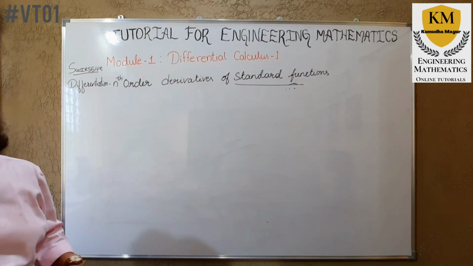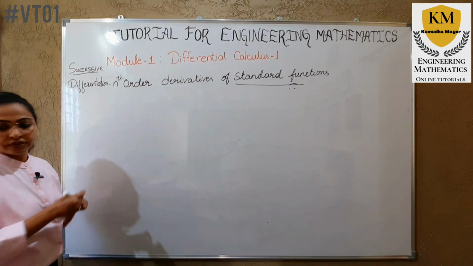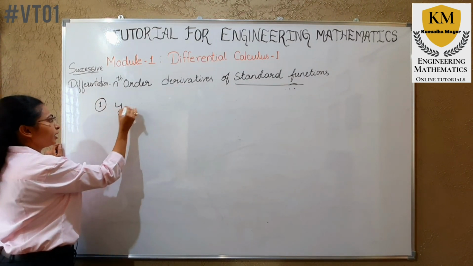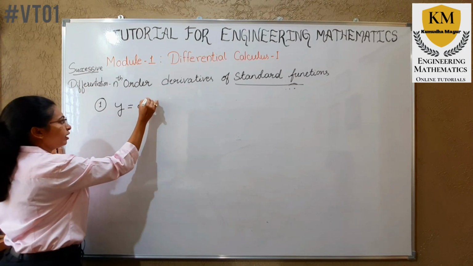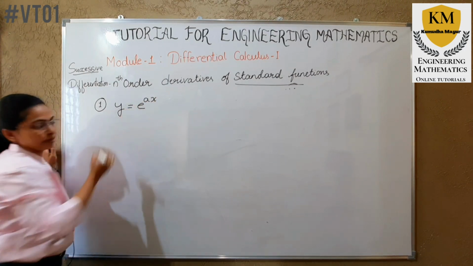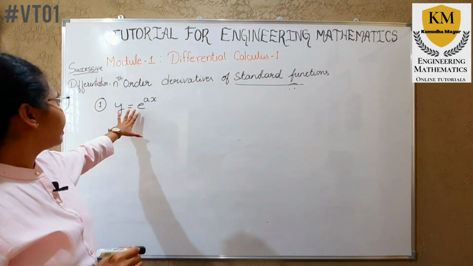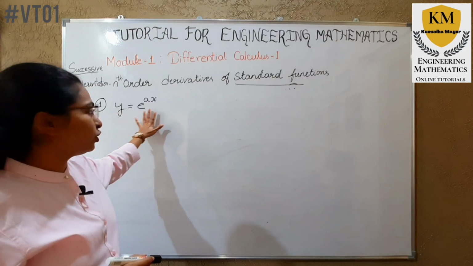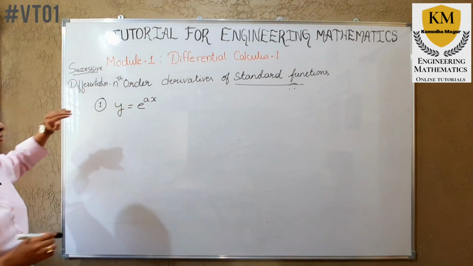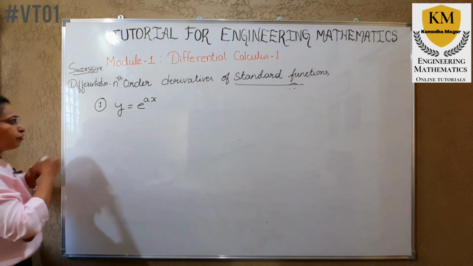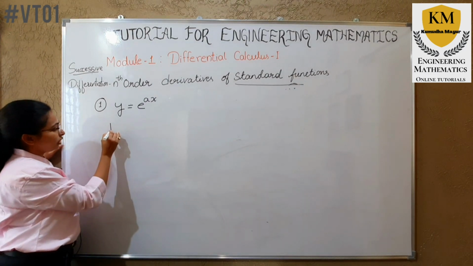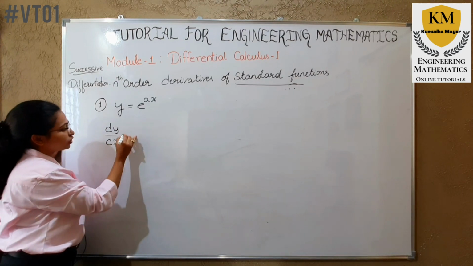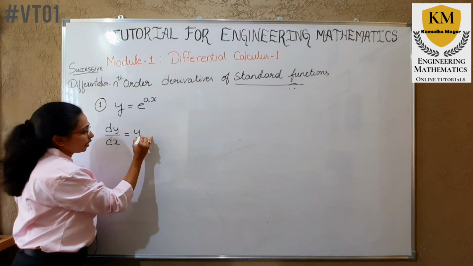So the first nth derivative of standard function, write it down. Y is equal to e to the power ax. The first standard function is y is equal to e to the power ax. First, let me find the first derivative. First derivative is nothing but dy by dx. This can also be called y1.